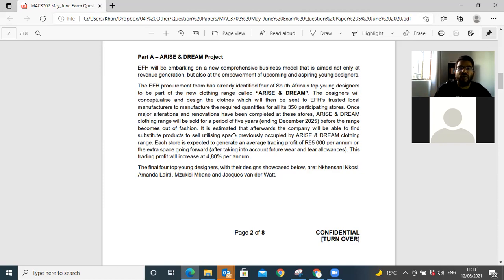So the 65,000 Rand will generate a return into perpetuity. So we're basically working out a valuation using the dividend growth model. We can't call it dividend growth because it's not dividends. So we just call it the Gordon growth model, or we call it the perpetuity formula. Okay, so just be aware of that.